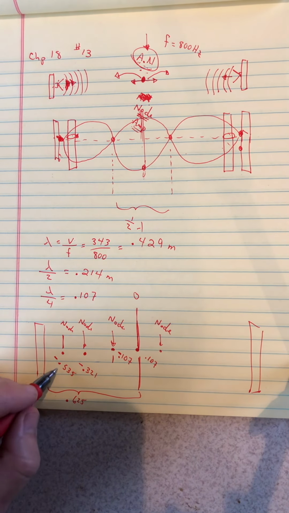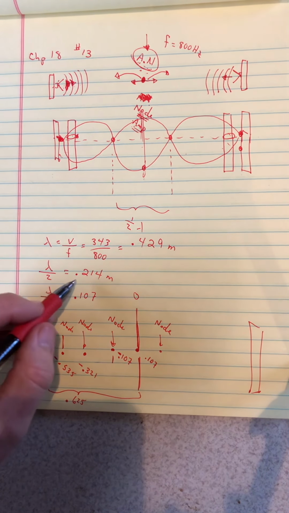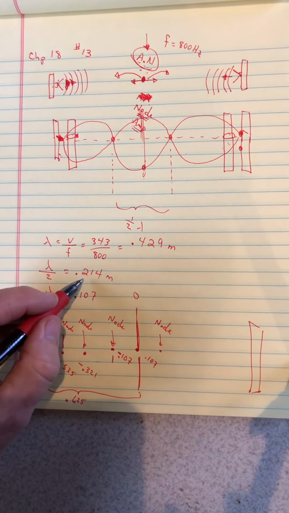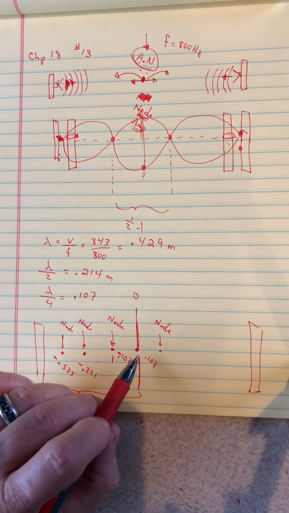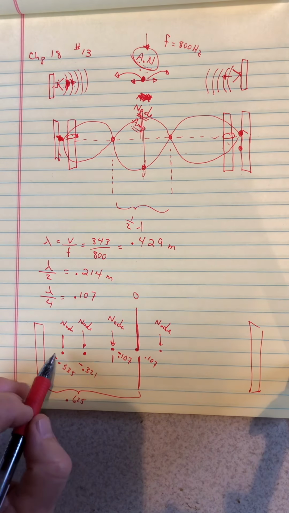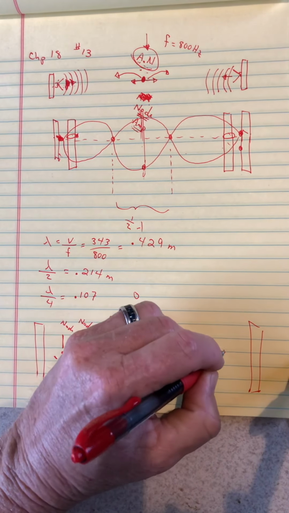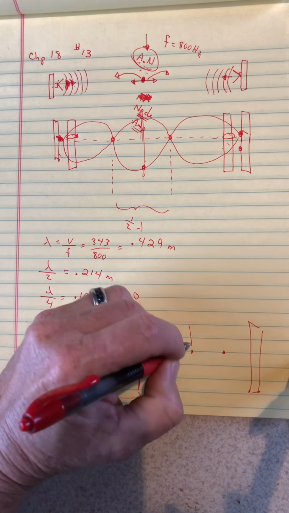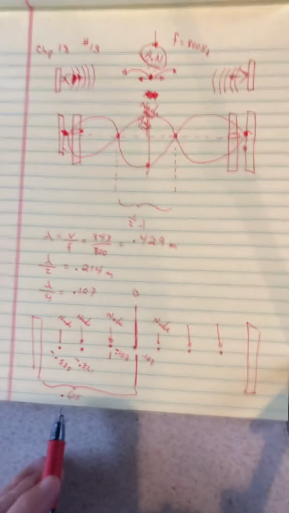And now the next node's not going to fit. It's going to be beyond that. You can kind of see that if I gave it another 0.2, I'm at 0.7. So it looks like, from counting from the middle, I would have 3 nodes to the left, and then matching on the right, I would have 3 nodes also. So it looks like there's a total of 6 nodes.